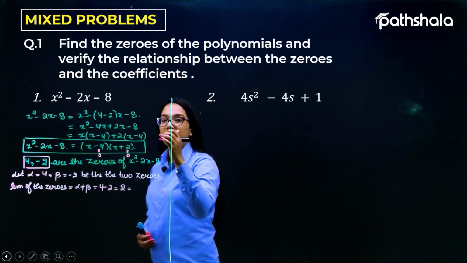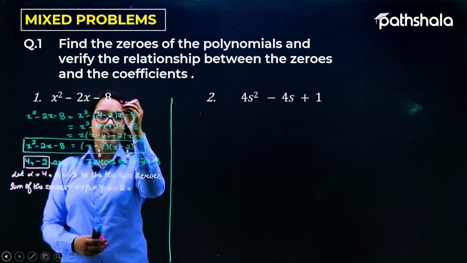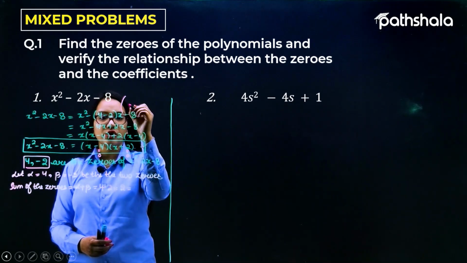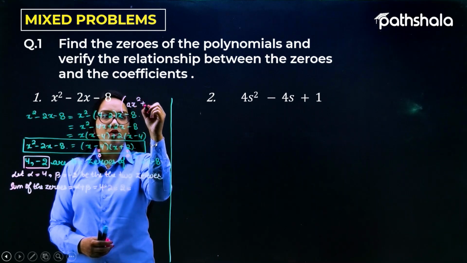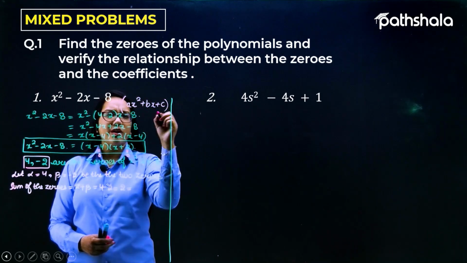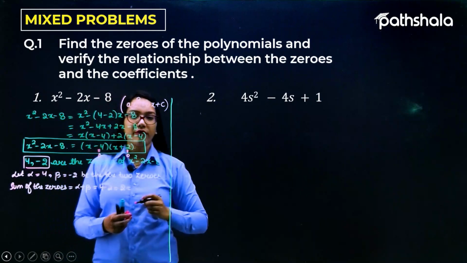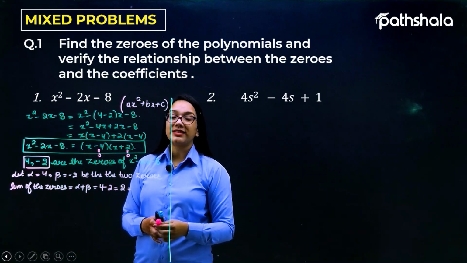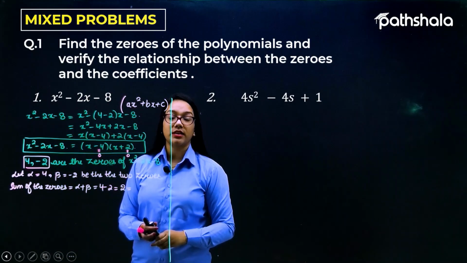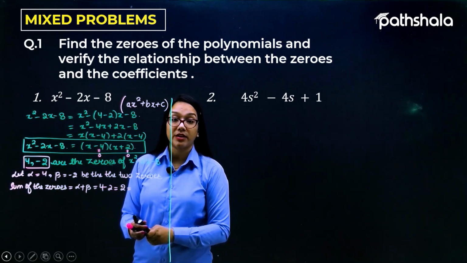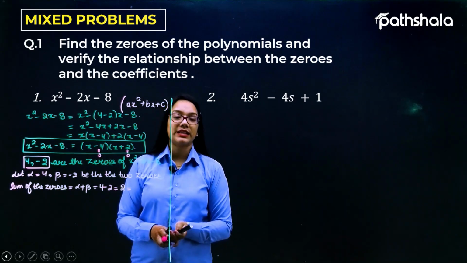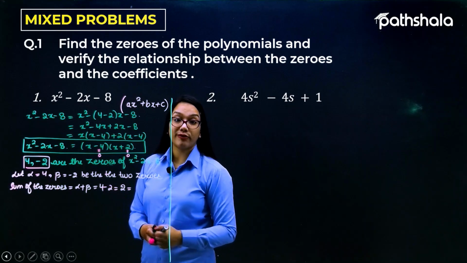Let us suppose we are taking a general quadratic equation ax square plus bx plus c. Now let's compare it for the values of a, b and c. We can see the value of a is 1, b is minus 2, and c is minus 8.